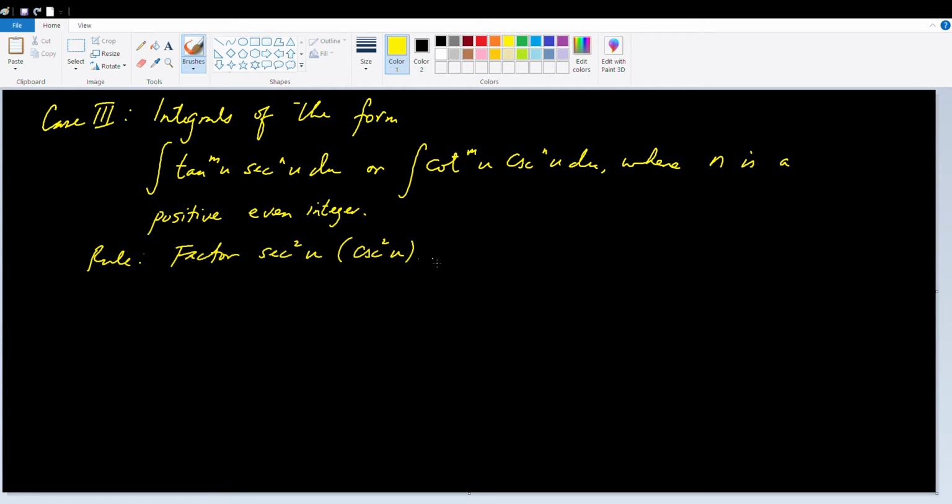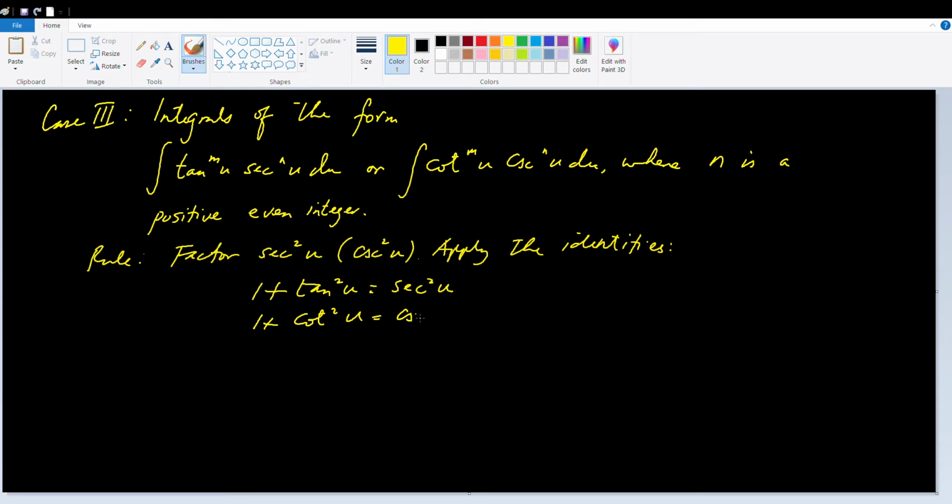Alright? So we apply the identities: 1 plus tangent squared u equal to secant squared u, and 1 plus cotangent squared u equal to cosecant squared u. Alright?